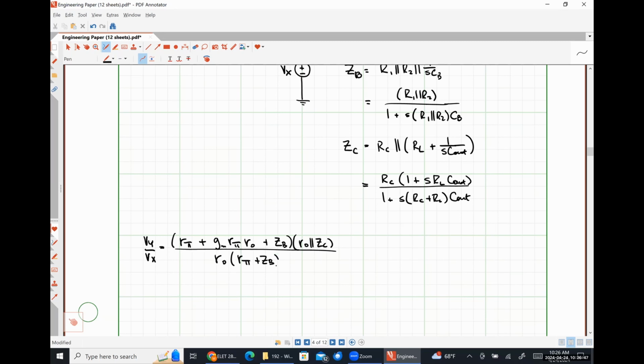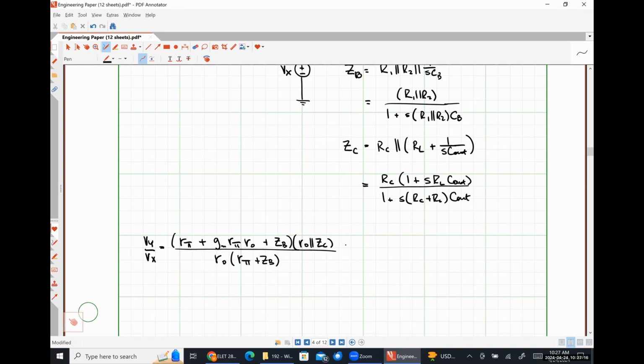plus ZB. So as you can imagine from looking at this thing, this would be incredibly gross to analyze in the frequency domain because we've got impedances in the numerator, parallel combinations of impedances, all of that kind of good stuff. So we are going to make a similar approximation to what we did with our common emitter amplifier. And this actually is probably already in your notes from when we covered the common base amplifier in 335.